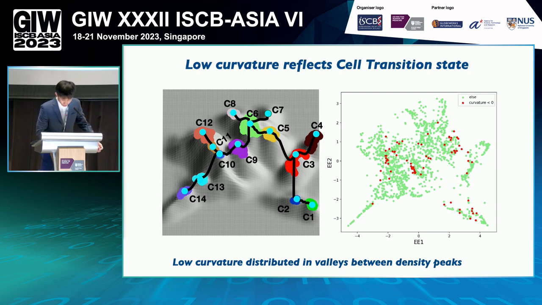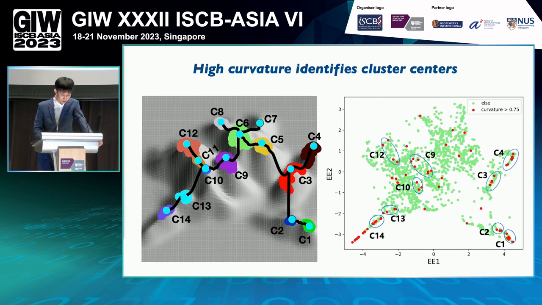On the other hand, for the high curvature cells, most of them are located in high density regions, indicating that they are in the high density clusters. They form cliques which have similar behaviors. Our results show that cell curvature can be an important indicator of the cell types.